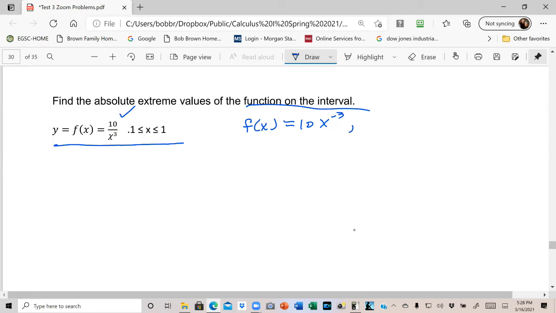The first derivative then is minus 30 x to the minus 4. It's equal to minus 30 over x to the 4th. It is never equal to 0 because the numerator has to be 0 in order for it to be 0, and you certainly can't have the denominator equal to 0. So there is no critical point.